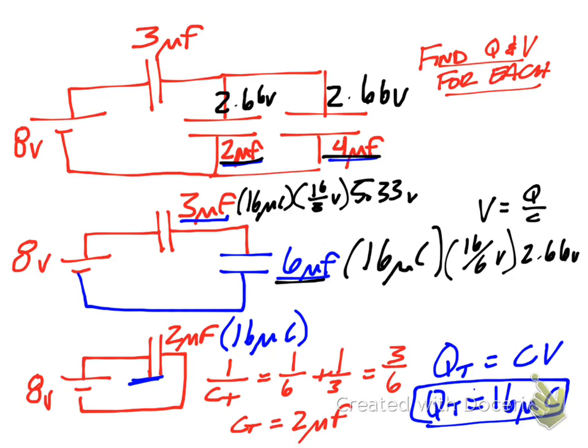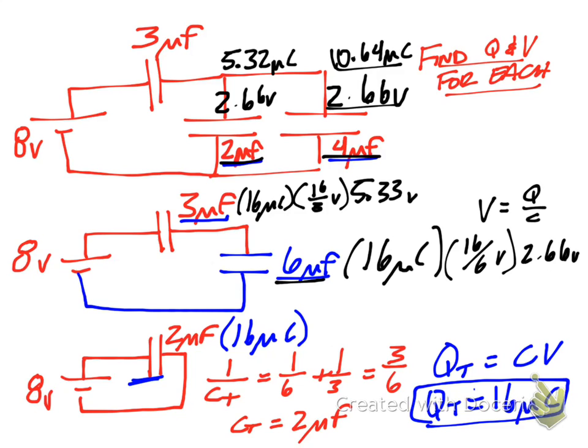And if we wanted the charge, we're just going to multiply 2.66 times 2 to get 5.32 microcoulombs, and then 2.66 times 4 to get 10.64 microcoulombs, and we figured the whole thing out.